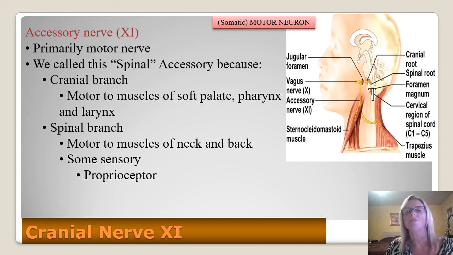Spinal branches descend down into the neck and supply motor fibers for the trapezius and sternocleidomastoid muscles. It's a motor nerve that also has some proprioceptor fibers as well. The sternocleidomastoid and trapezius are part of the motor function. Of course, that's head and neck. And so damage here can cause impaired shoulder movement.